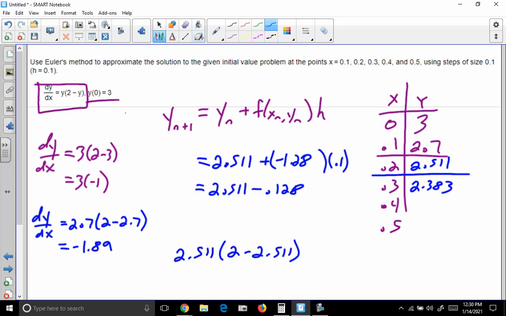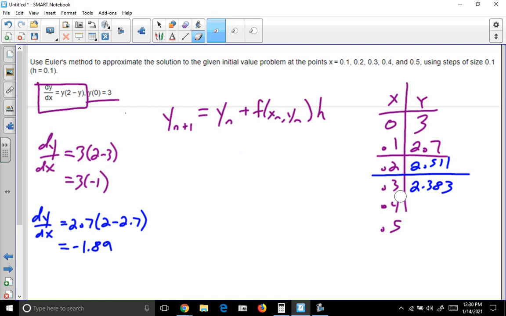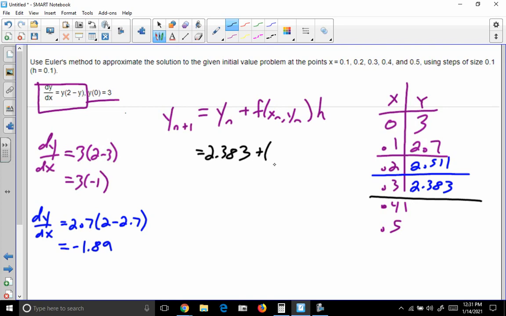And let's do that one more time. And we'll go ahead and do both of them. So now we're going to look for the next point. Our current y value is 2.383. Our slope at our current point comes from substituting into our differential equation. So our current slope is 2.383 times 2 minus 2.383.